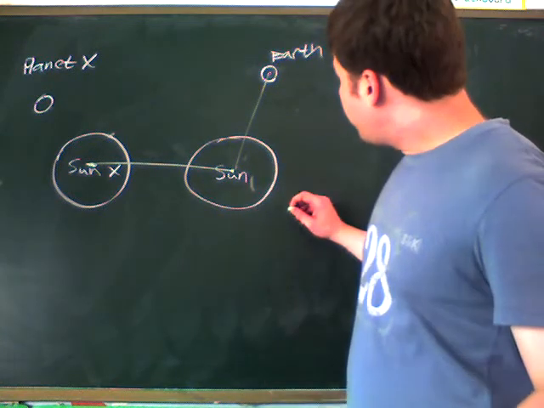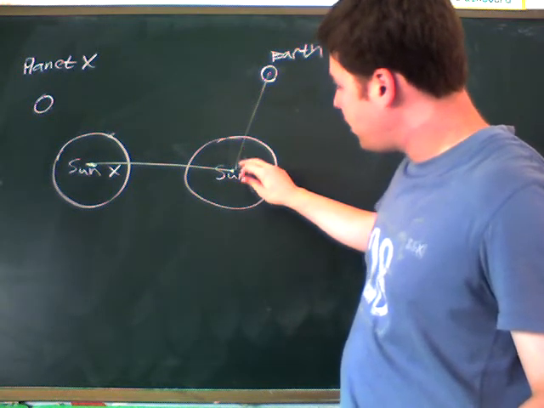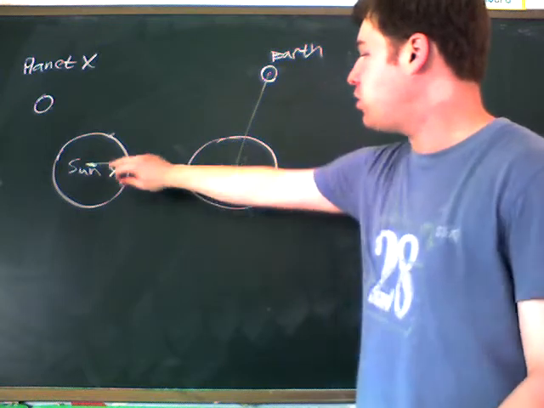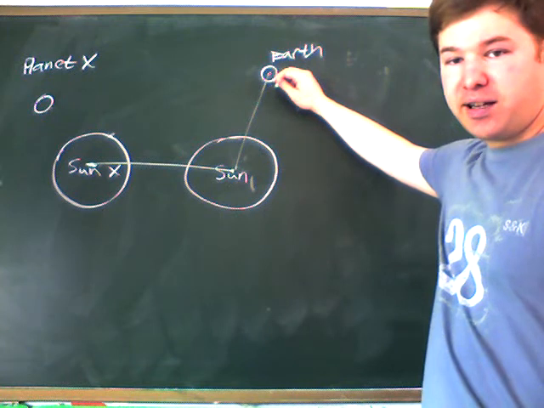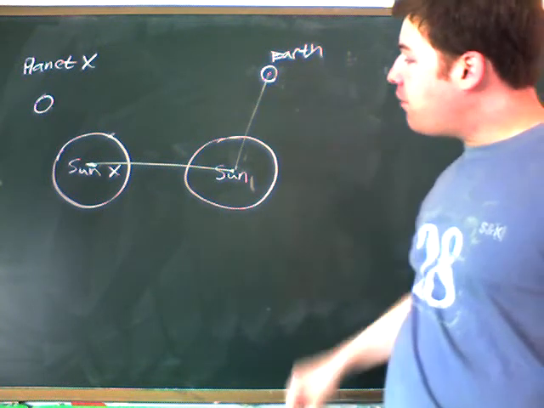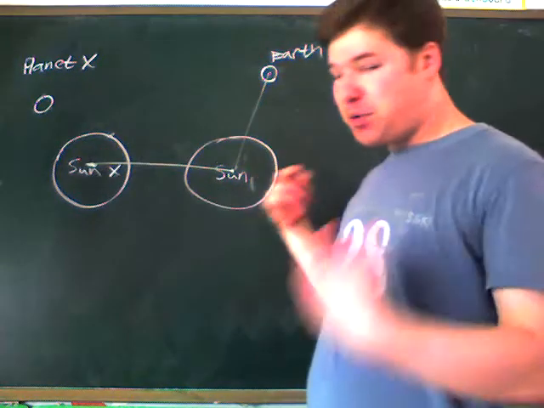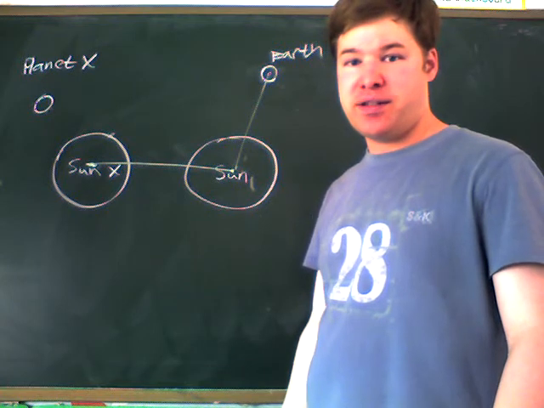Once we create the connection between these two suns, and maybe the Earth is connected to the sun at some moment in time, if we step through that gate, we're automatically going to end up in the center of the sun.